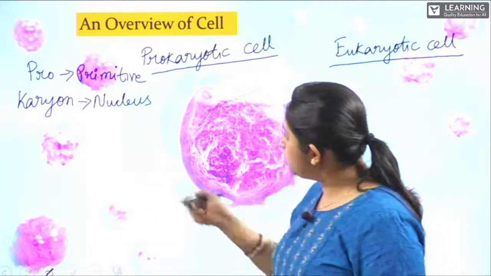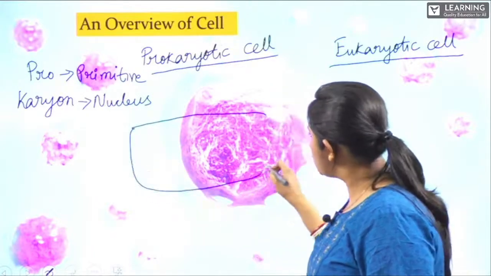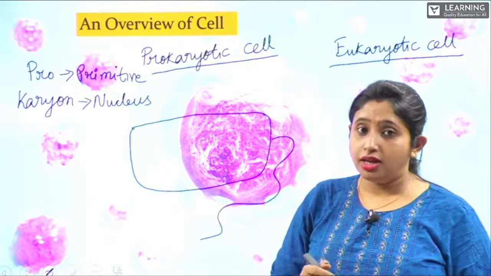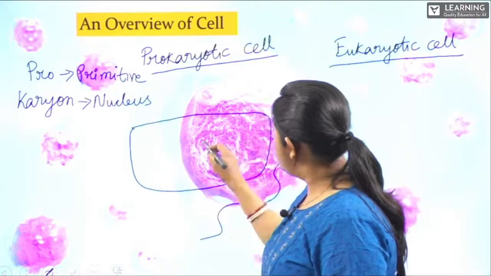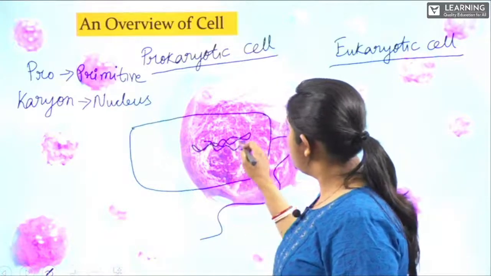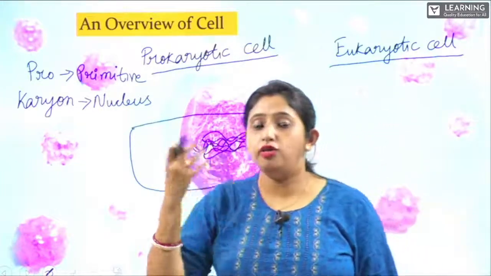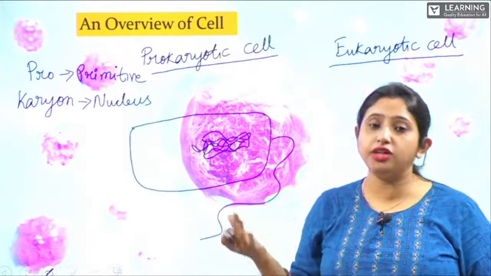Now how does it look? Let's say this is the structure of a bacterium. It has a flagella; they have flagella in the case of bacteria. Now the DNA is something like that. You have seen wool, right? When you open that wool, it is very difficult to arrange.